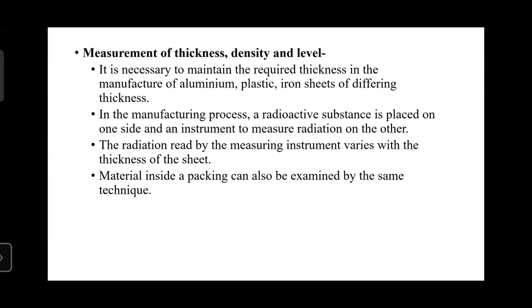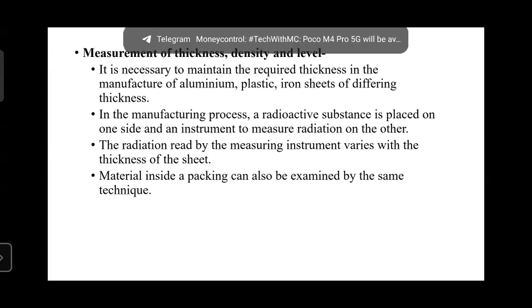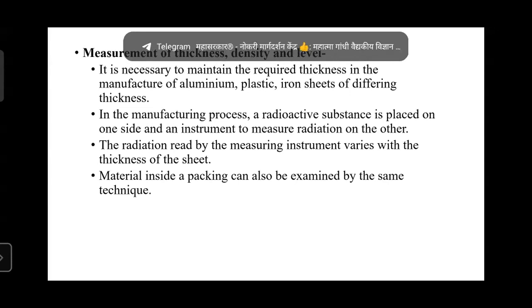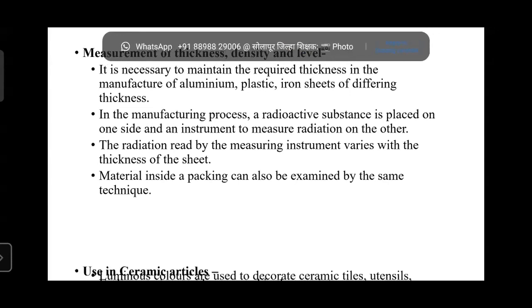In the manufacturing process, the radioactive substance is placed on one side of that object, and the instrument is kept on another side of that object. Radiations are passed through that object, and the radiation read by the measuring instrument varies according to the thickness of that sheet. Now, the material inside the packing can also be examined with the same technique.